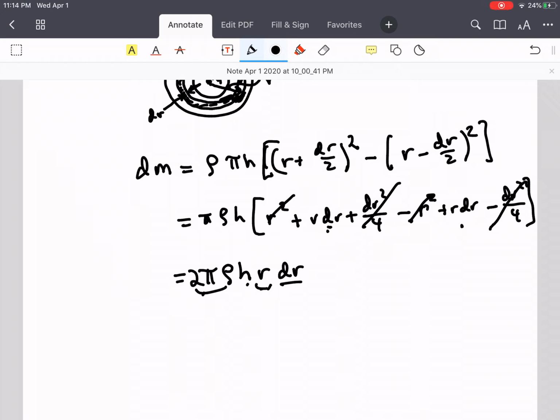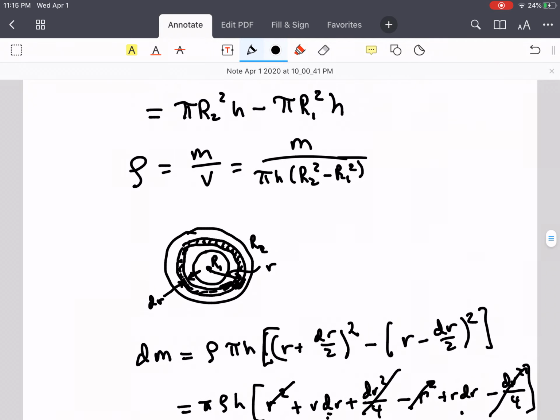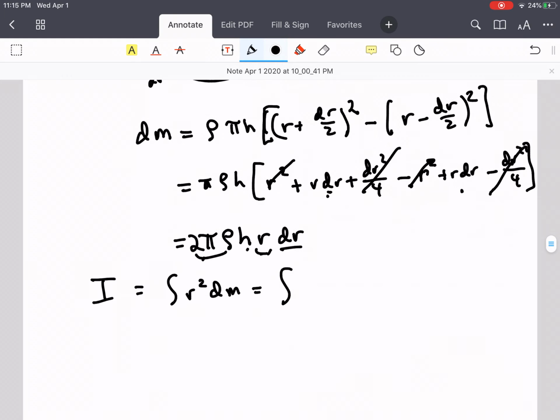And now again, we plug into the formula. So the moment of inertia is the integral of r squared dm, which is the integral of r squared. Well, r is the radius, which is actually just the distance from the center of mass. So r is r. dm we just saw was 2 pi rho h r dr. And everything except for the r's is a constant, and it comes out front.